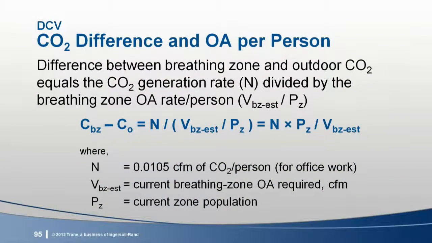For single zone systems and for 100% outdoor air systems with modulated airflow, the difference between breathing zone CO2 and outdoor CO2 level at steady state equals the volumetric CO2 generation rate per person divided by the breathing zone outdoor airflow per person. Typical adults engaged in routine office work generate CO2 at a rate of about 0.0105 CFM per person.